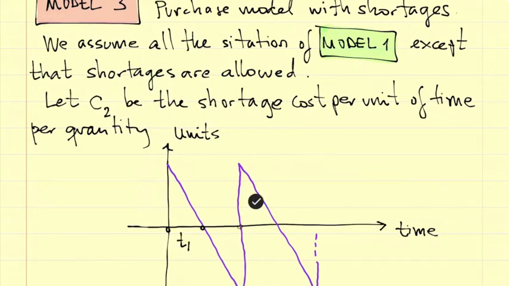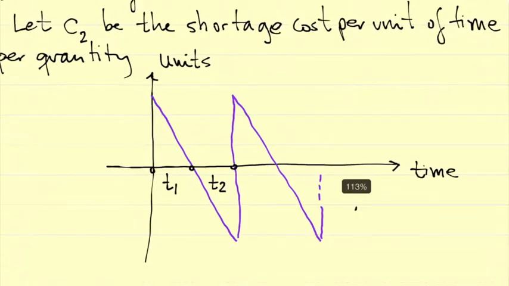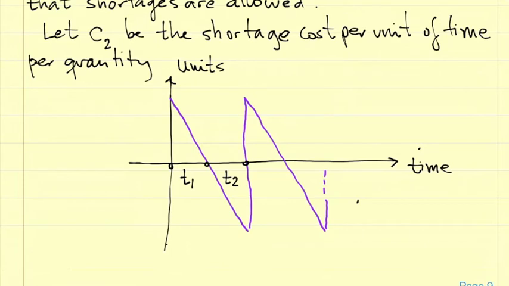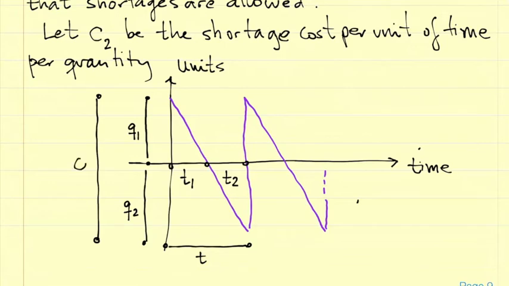This amount of time is T2, so that the total time is T equals T1 plus T2. Okay, and the total quantity is Q1 plus Q2, so Q equals Q1 plus Q2.